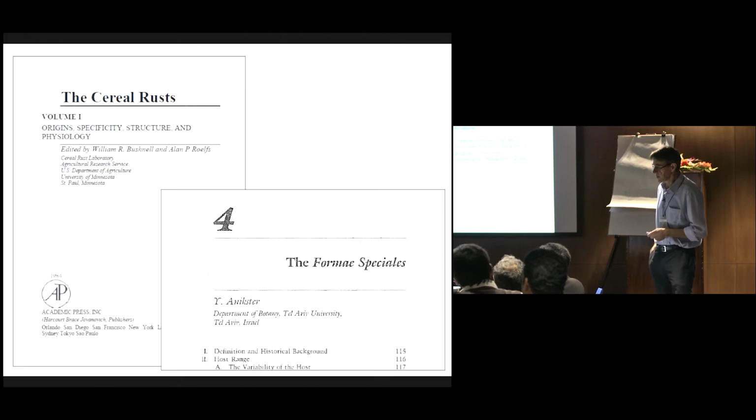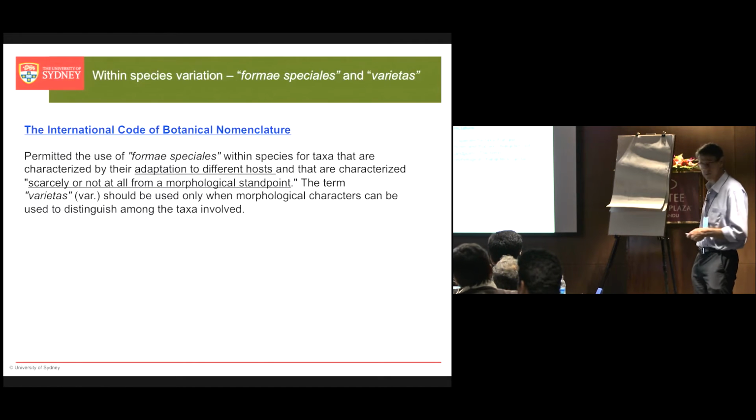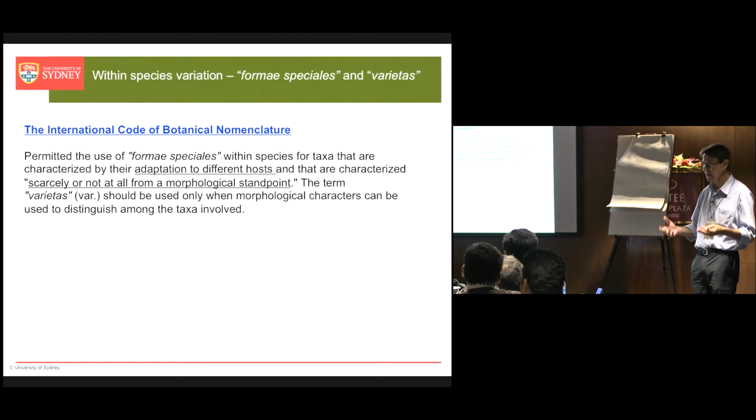So what actually is a forma specialis? Well, we have had a recent change in perspective by the fungal taxonomists. What I went by for many, many years was embodied in the International Code of Botanical Nomenclature. This code governed the taxonomy of all plants and fungi.